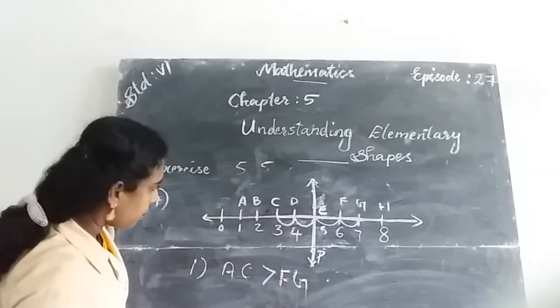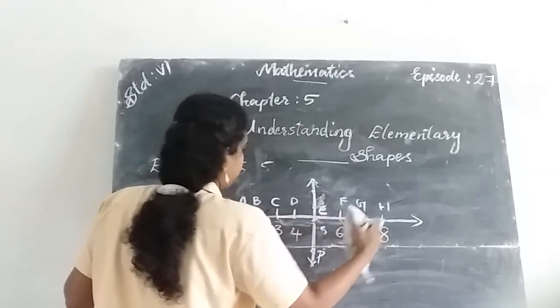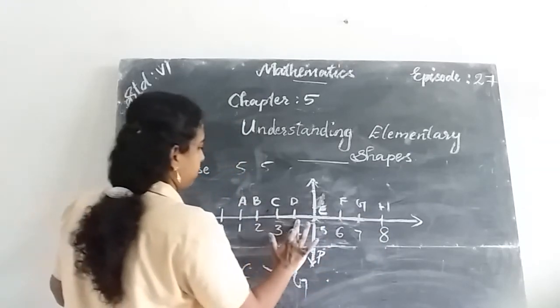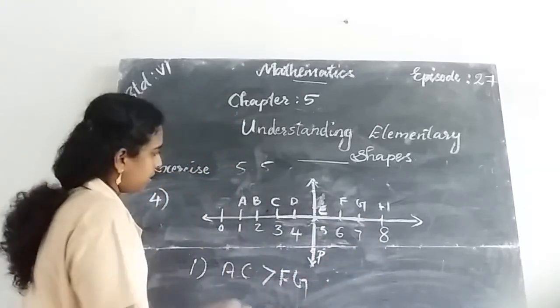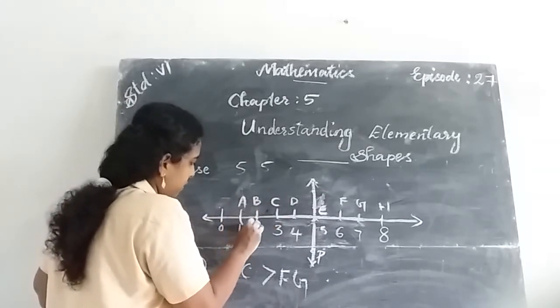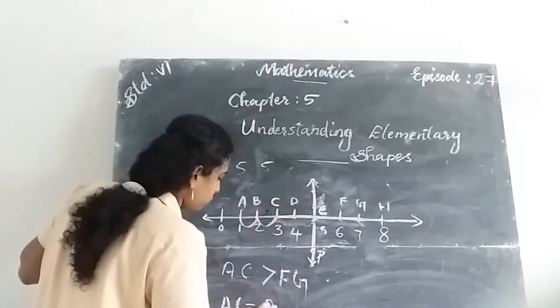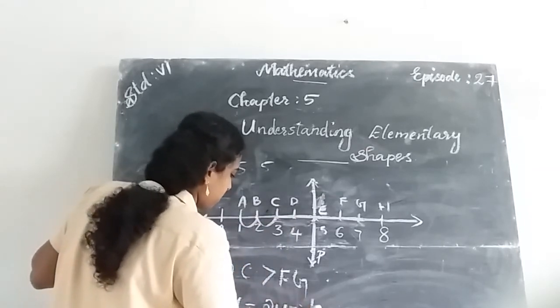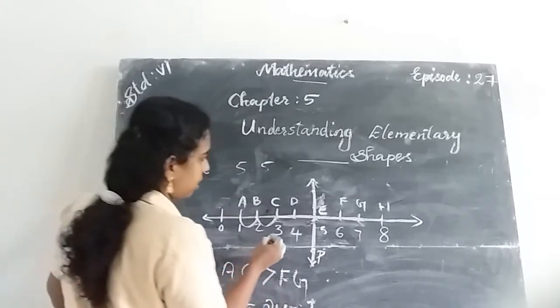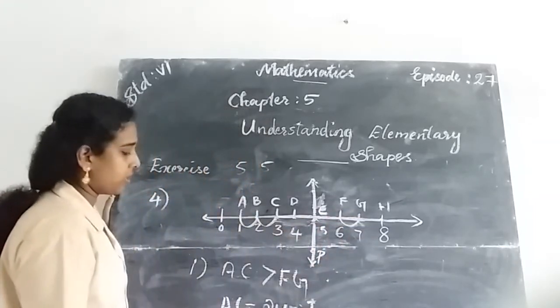AC means 2 units. And next FG. F to G is 1 unit.